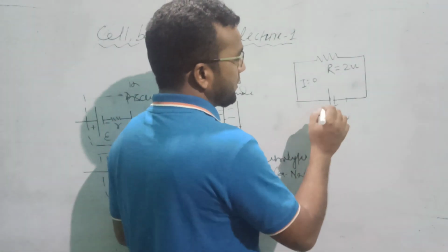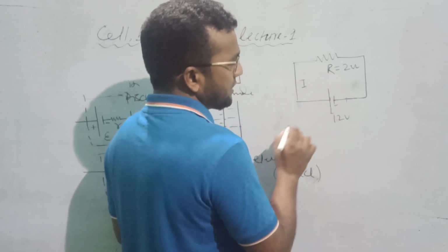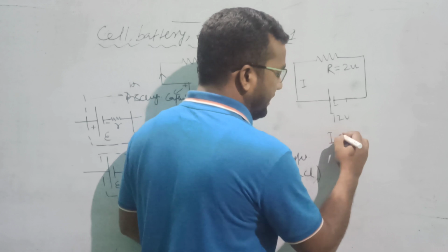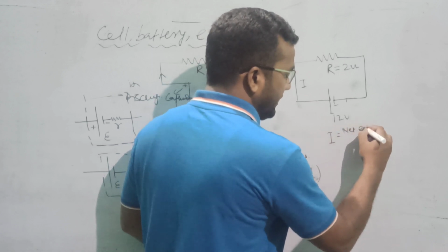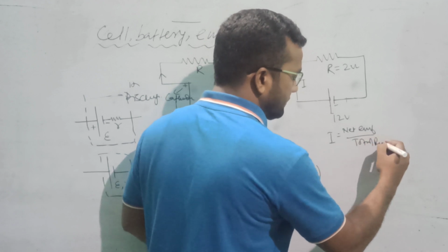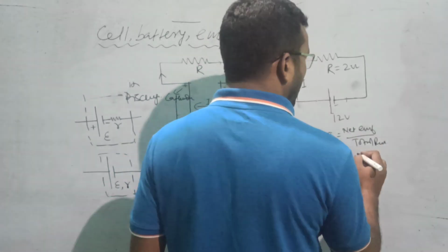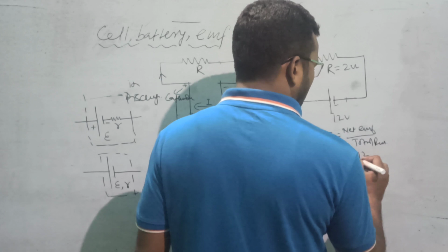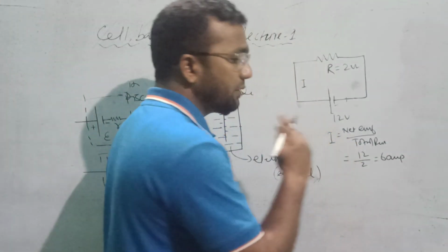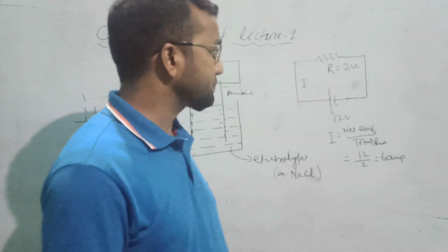So here, if you have to find the current in this circuit, simply we can write current equal to net EMF by total resistance, and this will be 12 by 2 equal to 6 ampere will be the answer.